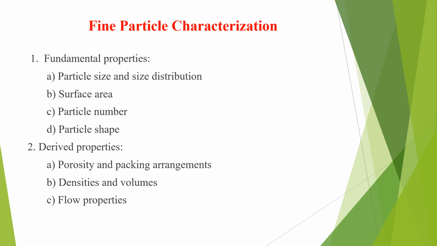Now, the next part is fine particle characterization. It is divided into two forms: the fundamental properties and the derived properties. The fundamental properties are again divided into four types: the particle size and size distribution, surface area, and the last two are the particle number and the particle shape.